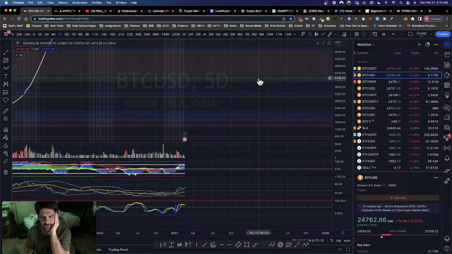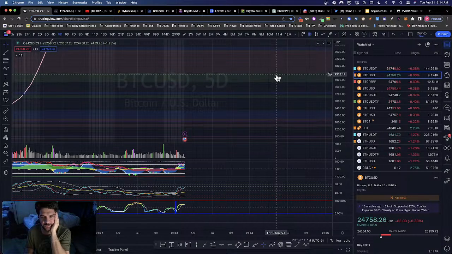On your 5-day, look, but there's that 1500 I'm talking about right in here. This zone right in here. This makes me nervous. 4K. They're long. They're really long on the 5-day time frame from $4,000, $3,000.